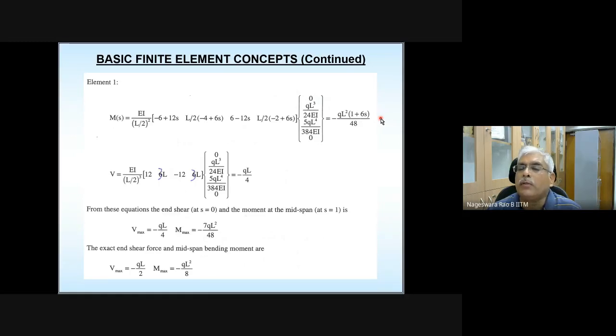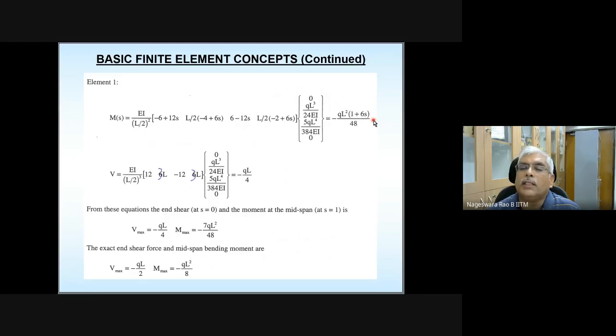That you can get from your structural analysis background. That solution you add to it, then even with one element you are going to get the exact solution.